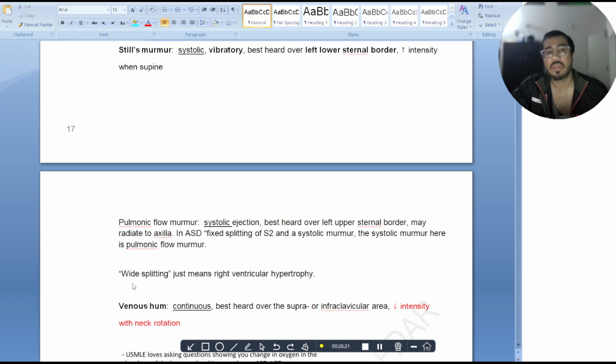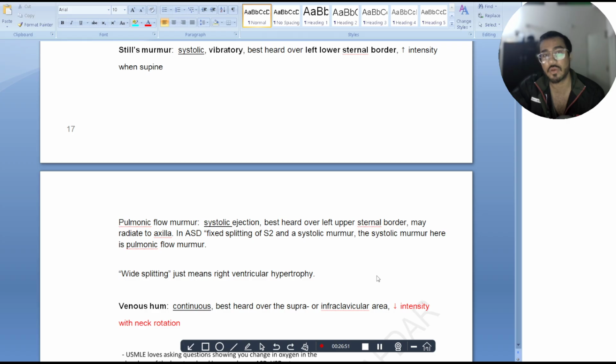And one more thing: wide splitting can mean right ventricular hypertrophy. As I told you, why would wide splitting of the S2 sound occur? It would occur when there is stenosis of the pulmonic valve, or right ventricular hypertrophy, or right bundle branch block.